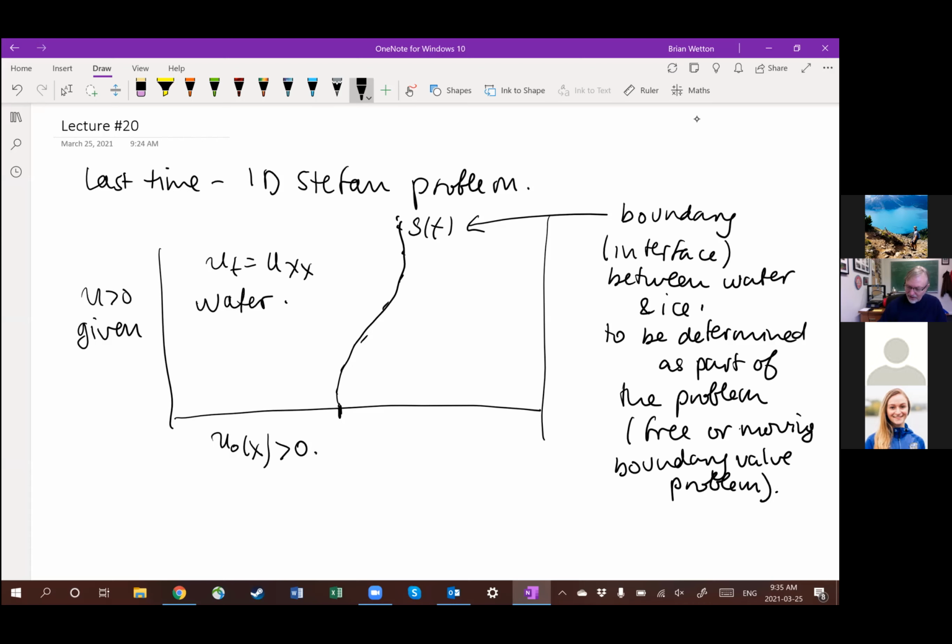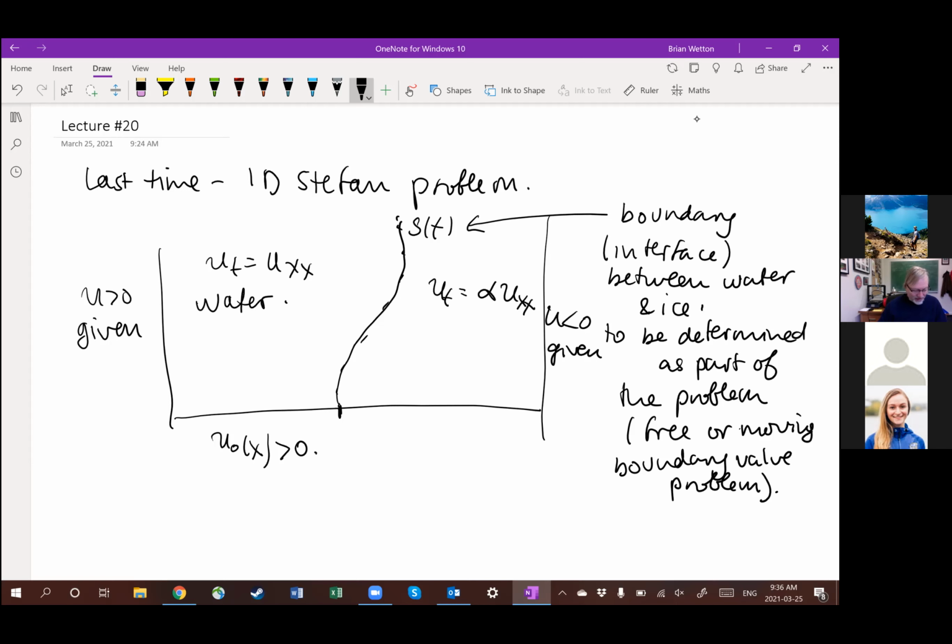So maybe I should say moving boundary value problem. And these come up all the time in engineering and science questions. More advanced kind of thing, because you don't just have the simple equations and boundary conditions. You've got this unknown interface to be determined.